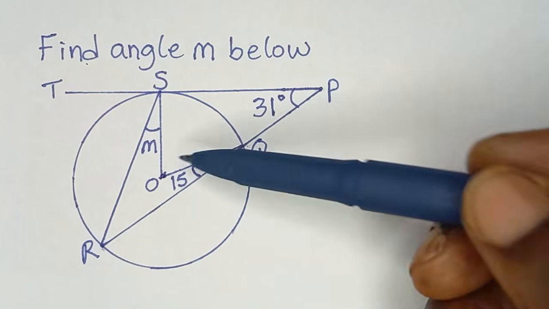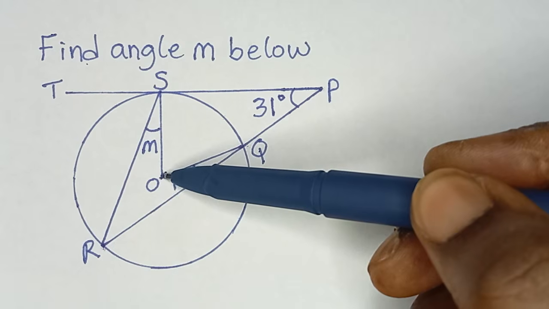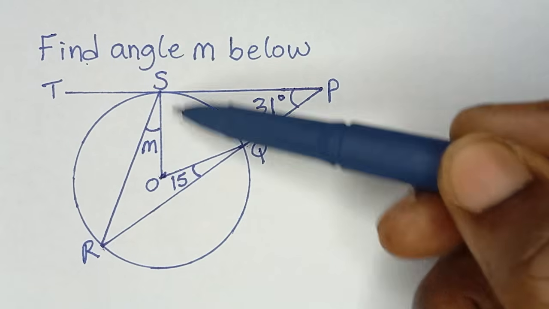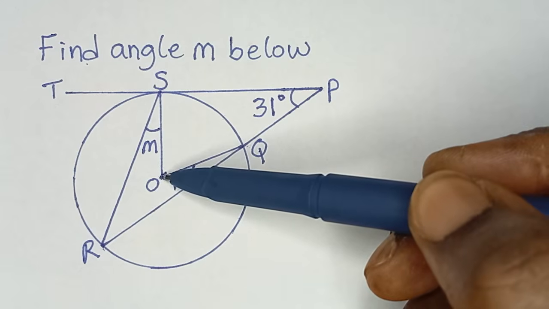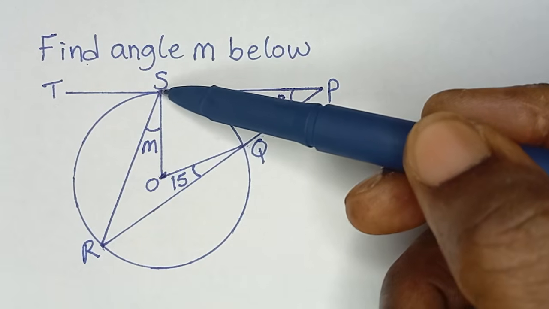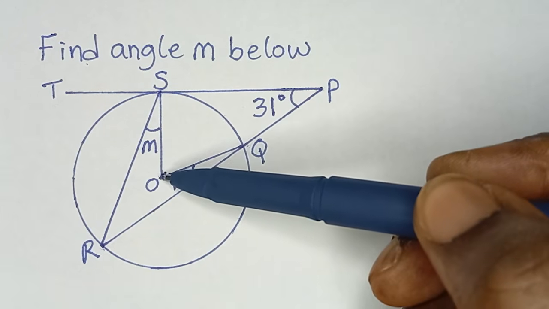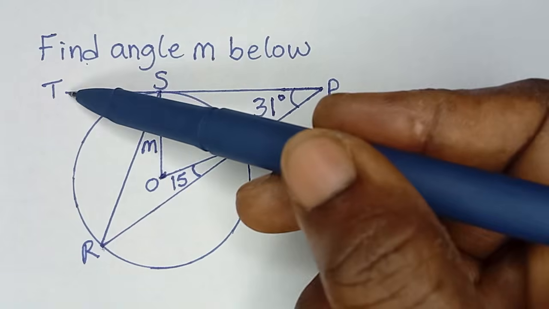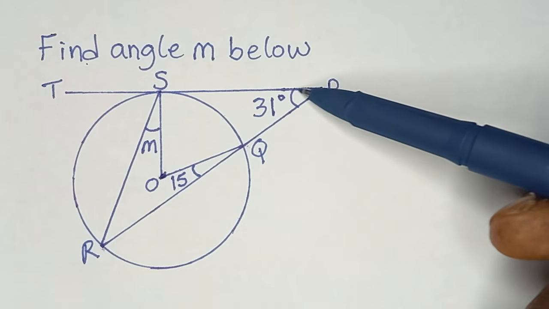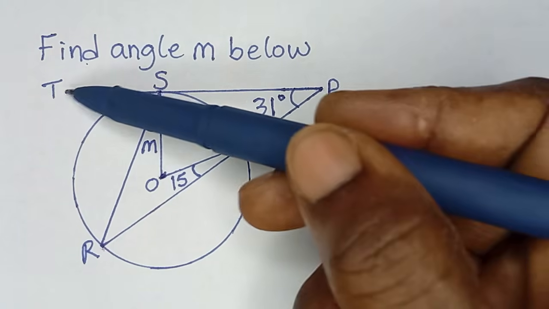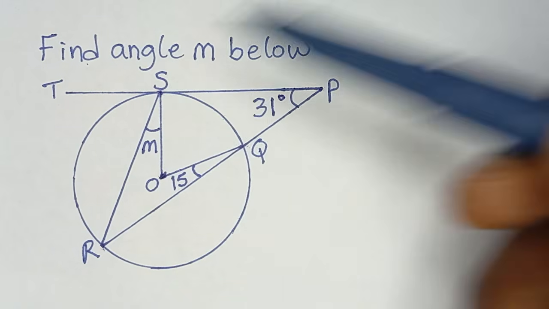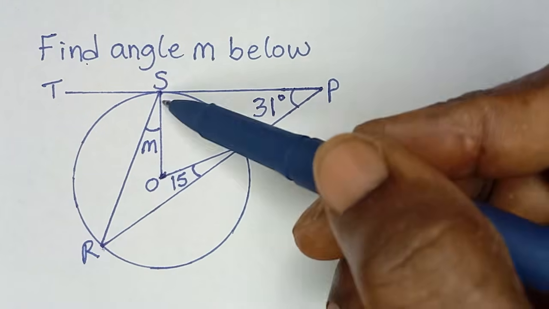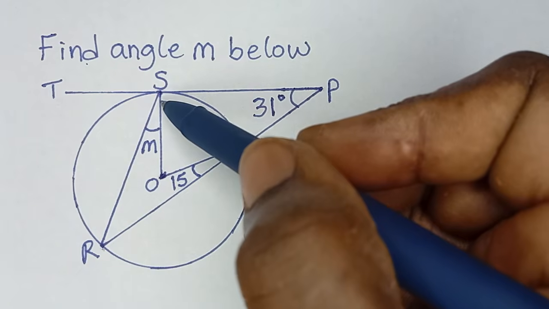Now, don't forget, when you have a radius line, because this line from the center of the circle to this tangent is a radius. Anytime you have a radius line meeting a tangent, an external line touching the circle, you should know that the radius and the tangent are perpendicular.